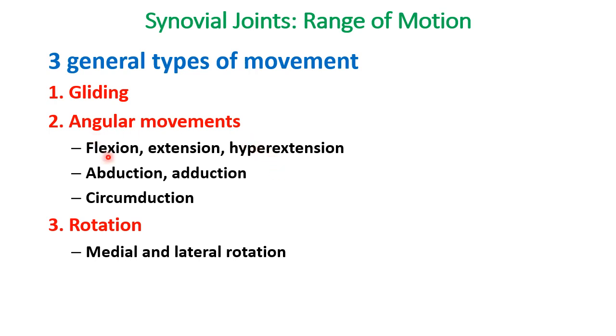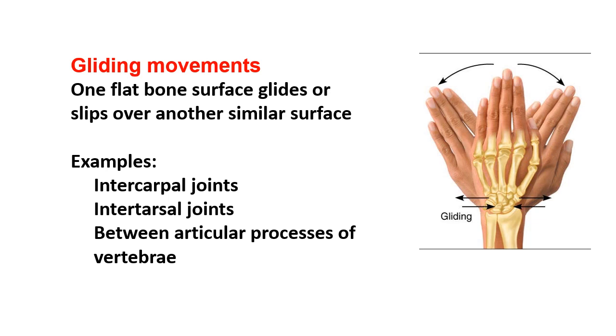And then the angular movements, where you have more specific types. I'm going to go through all of those: flexion, extension, hyperextension, abduction, adduction. Yeah, those names are going to drive you crazy because they did drive me crazy. Then circumduction, and then rotation. So let's look at pictures and see what they mean.